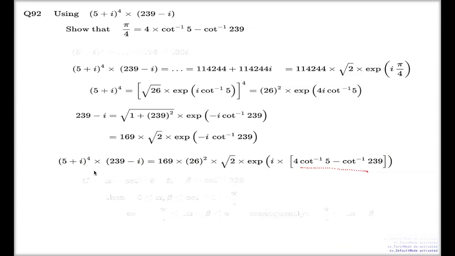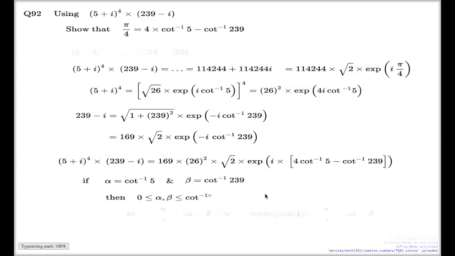Here's my argument for that. I'll make the abbreviations. I call alpha the inverse cot of 5 and beta the inverse cot of 239. From the properties of the cot function, we know that both of these angles are between 0 and pi on 4, because 1 is less than 5 and 1 is less than 239, and cot is a decreasing function, so alpha and beta will be less than inverse cot of 1, which is pi on 4.